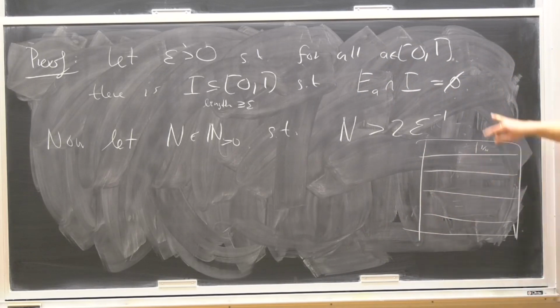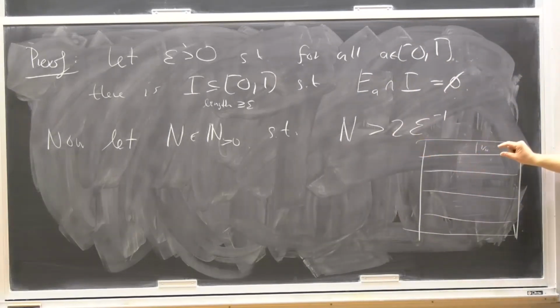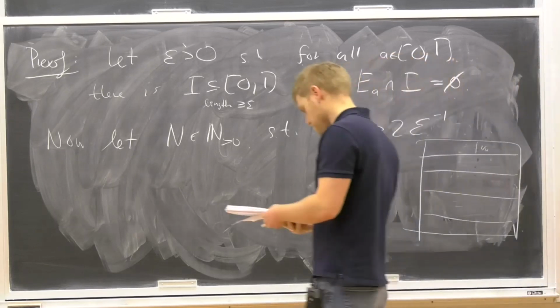Because we know that n is larger than this, we know that each fiber has to miss one of these intervals of length epsilon, and this means it contains at least one of these that it misses. So let me write this out.